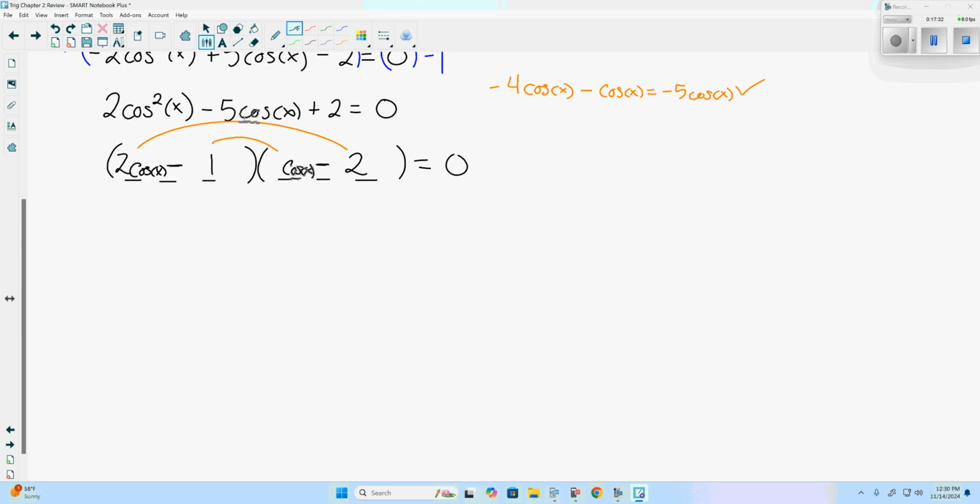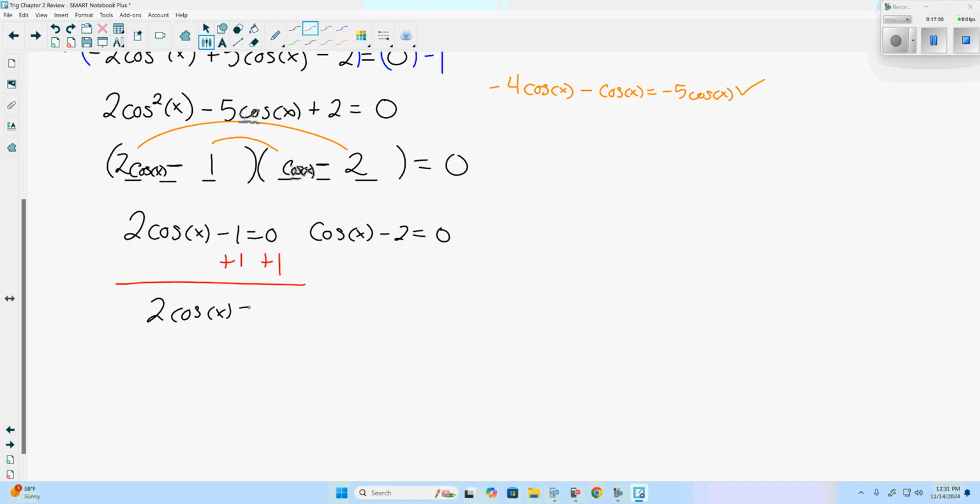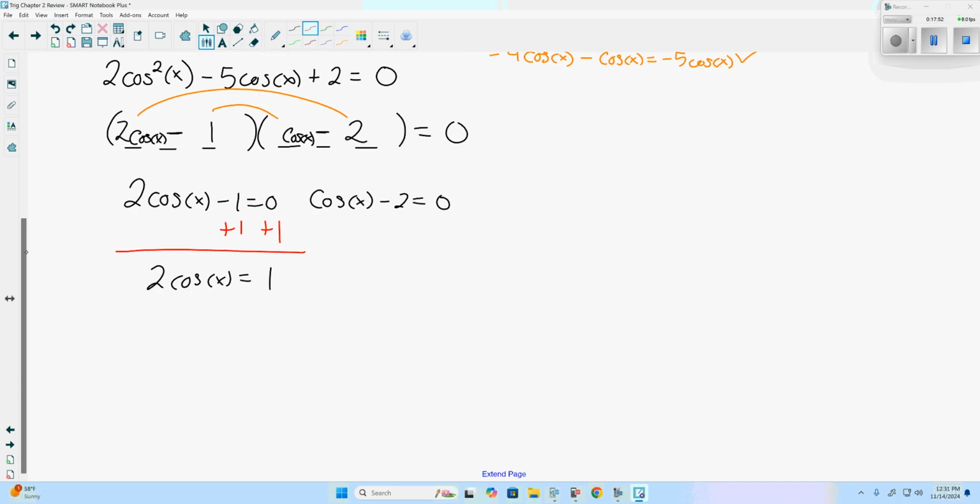If we have 2 or more things multiplied together to equal 0, one of them has to be 0. So the first thing we can do here is add 1, telling us 2 cosine of x is equal to 1.